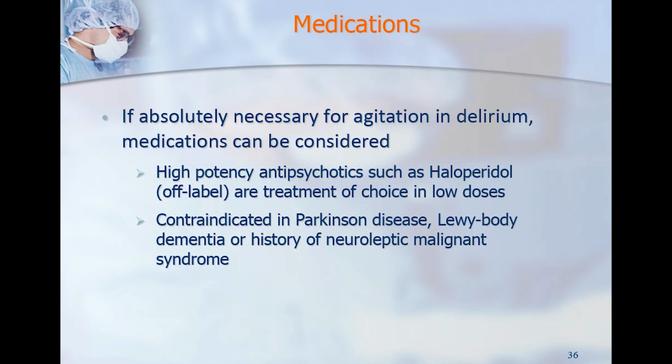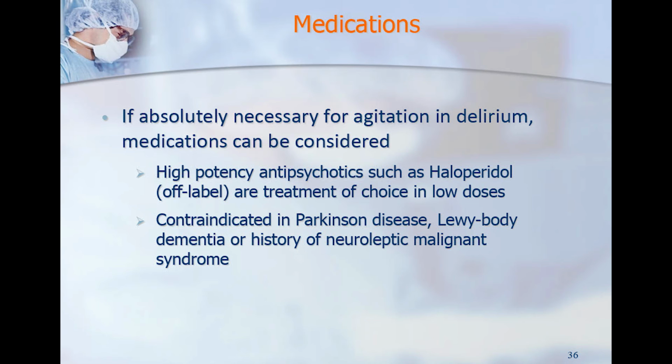Again, it's off-label, but generally organizations and academic institutions recommend, if you must use a medication, use Haldol in low dose, because Haldol, as you know, is non-sedative and is very effective to control physical agitation, especially in the ICU setting, with ICU ventilator, tubes, and IV fluid lines. The recommendation is to use Haldol in low dose. That's the best way to calm the patient.